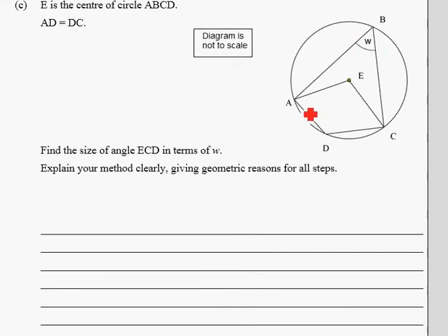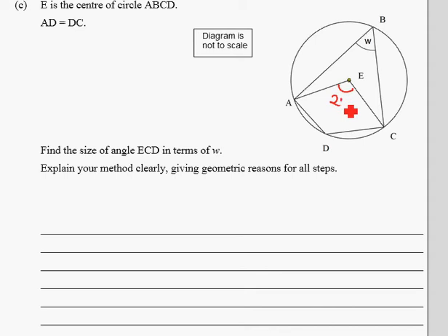Right, we're told that AD equals DC, so those are the same size. The other interesting thing is that there's two radiuses here, so they must be the same size as well, although not necessarily as the ones below, but it does make for a symmetrical quadrilateral in there. Find the size of angle ECD, so it's that angle we're looking for eventually. Right, there's my arrowhead, so that must be 2W, because of the arrowhead.